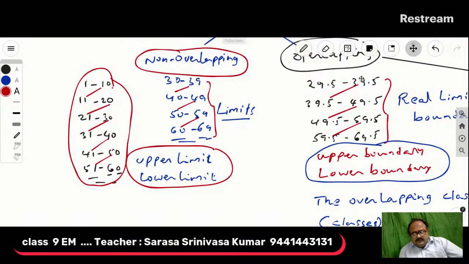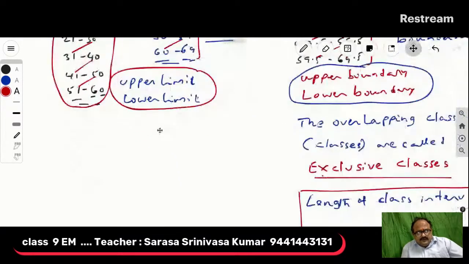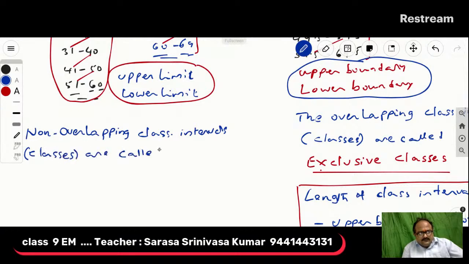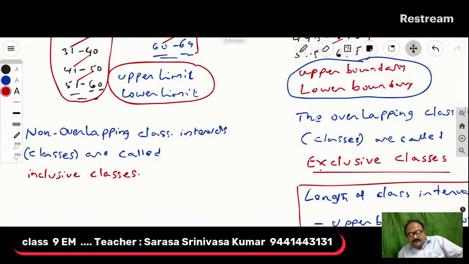These non-overlapping class intervals, or simply classes, are called inclusive classes.